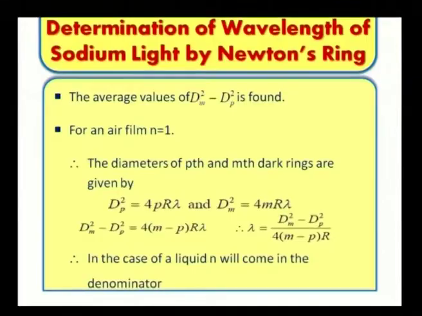But whatever it is, you have a denser medium. Because n is coming in the denominator, the diameters will be decreasing. Your dp square will decrease, because the value in the denominator is greater than 1. Instead of n equal to 1, you got 1.3, so the diameters will shrink.